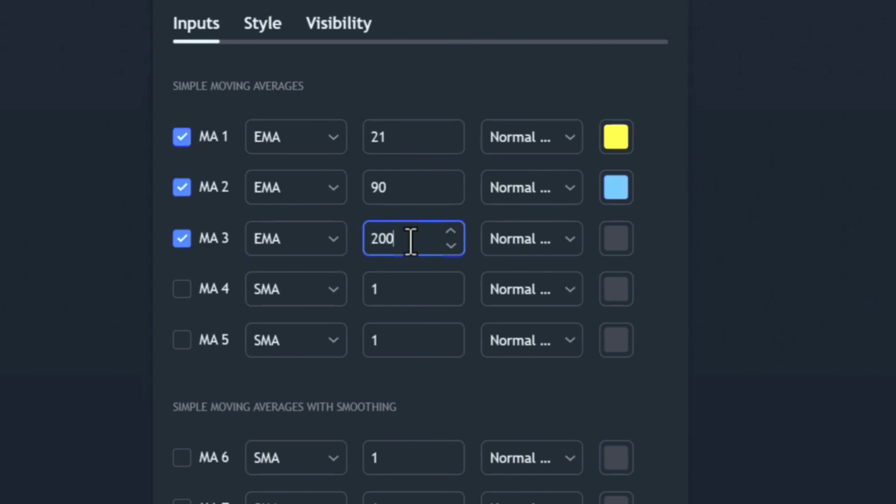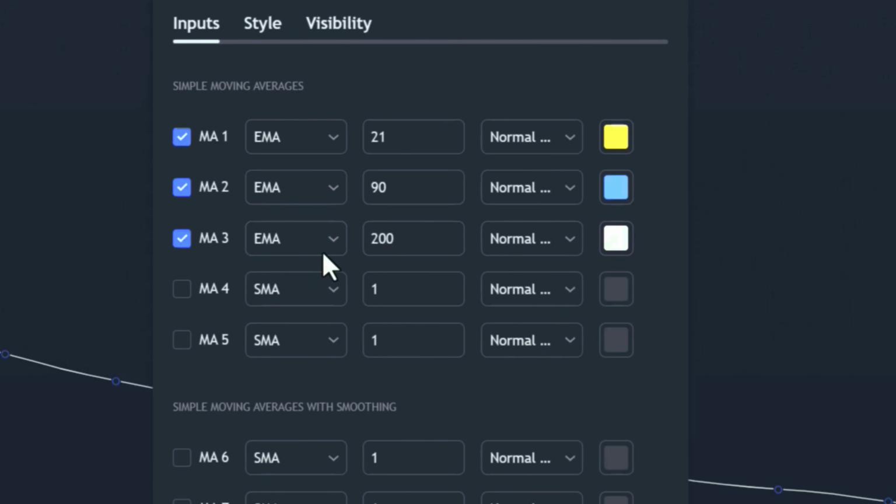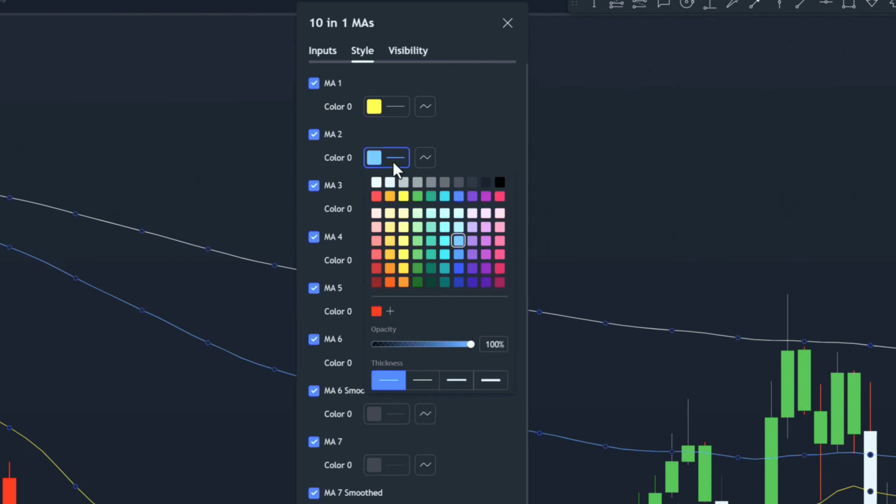Then pick a color of your choice. Lastly, in the Style tab, feel free to adjust the thickness of the MA lines for better visibility on the chart.